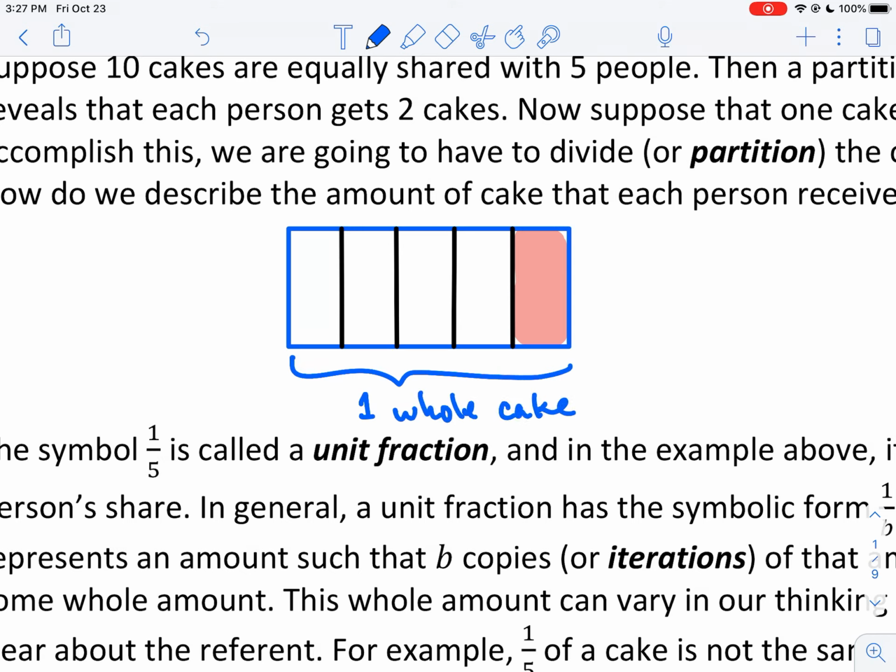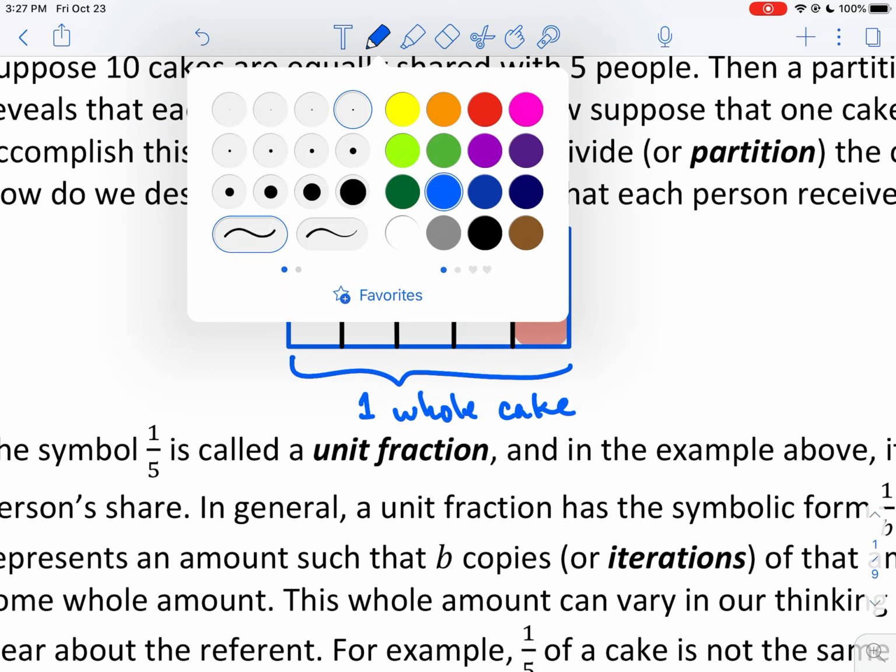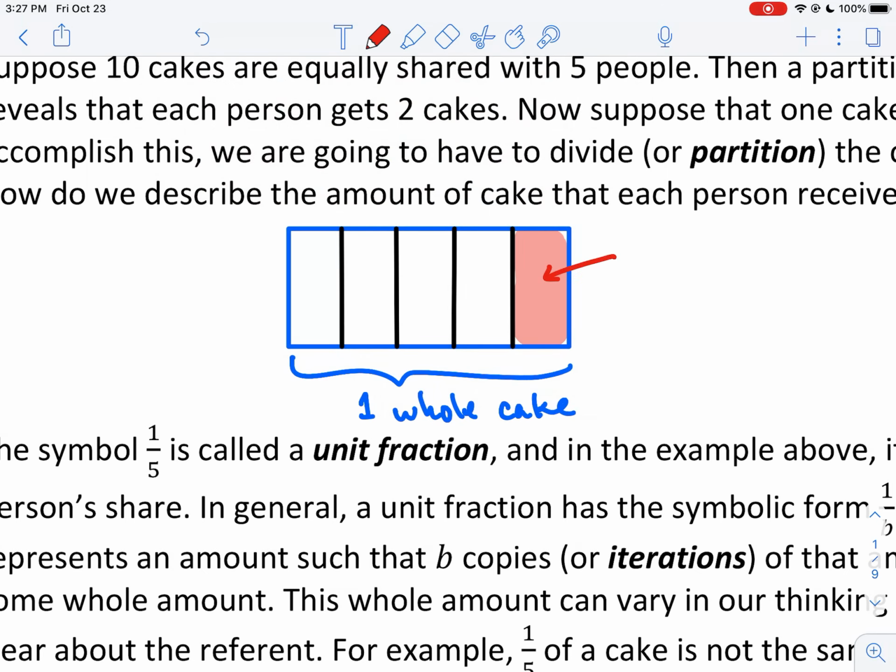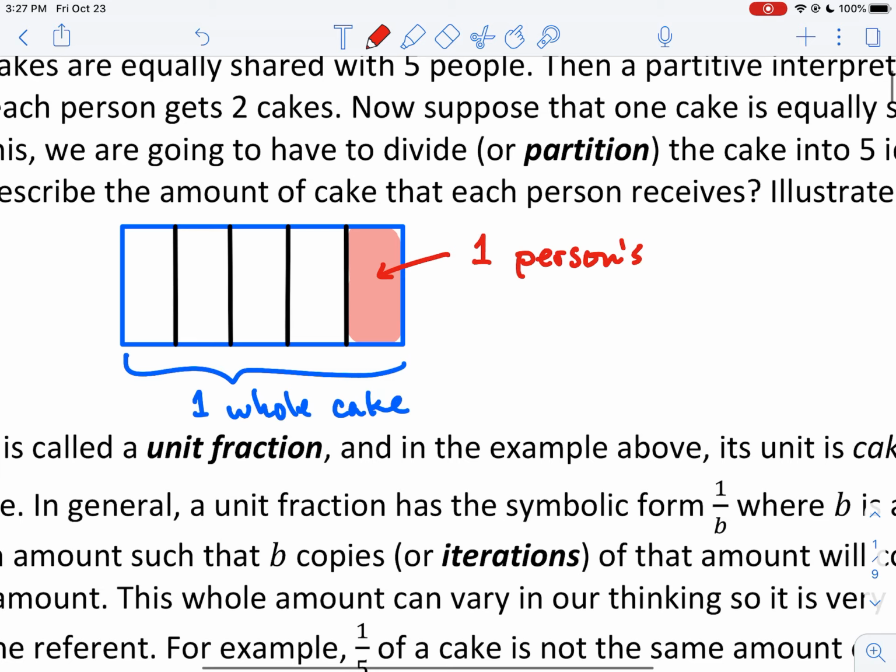And each person gets the shaded red portion. We'll say one person's share, or one person's portion, whichever word you want to use.